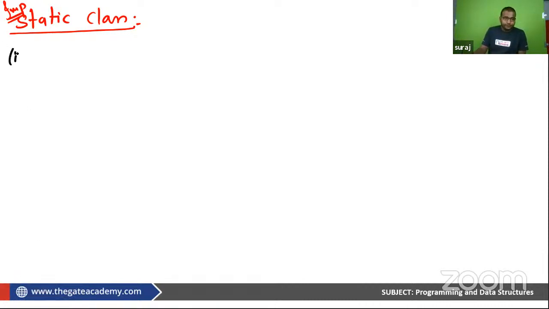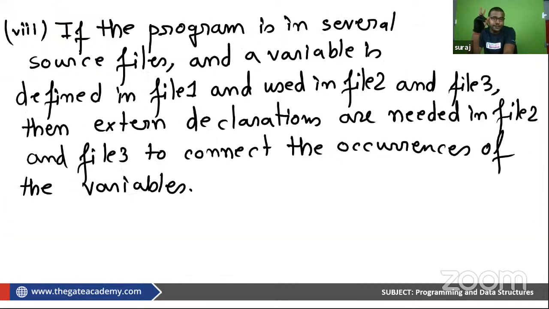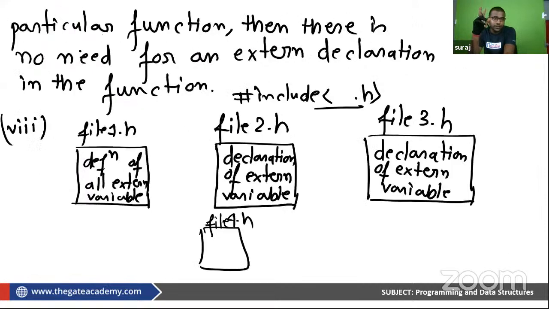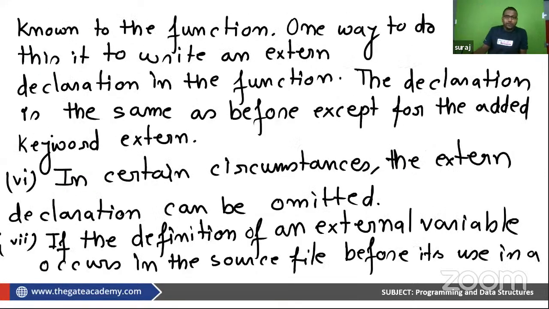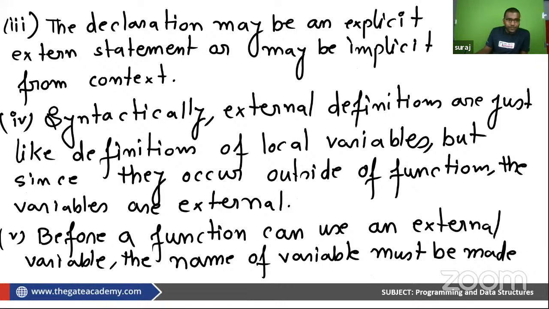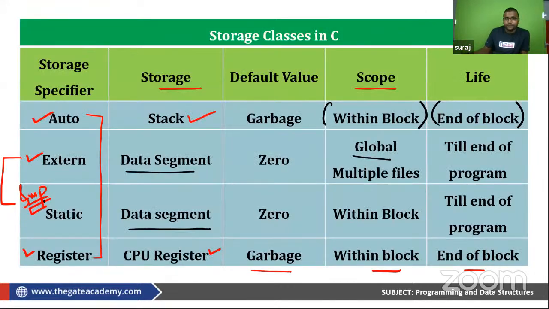Now see, this is very important, and now you will get the idea. What is the difference between auto and static? Storage is in the stack for auto, here it is in the data segment. Default value is garbage for auto, here it is 0.